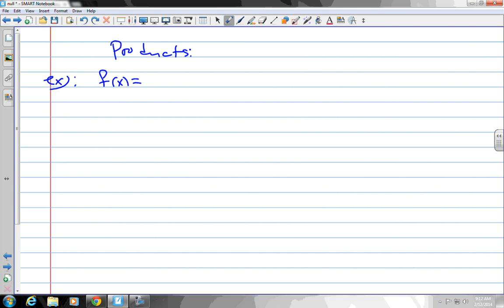Your book gives you this example: e to the negative x over 2 times sine x. Okay? So that's a product of two functions. So how can we graph it?